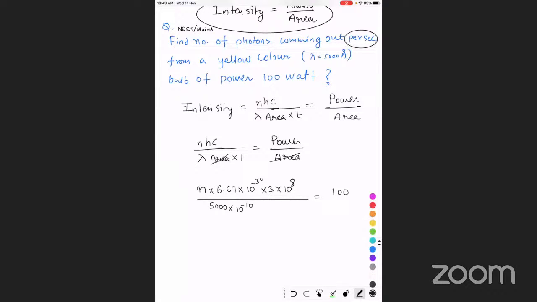Okay. Now answer my next easy question. Work function of a metal is 3.1 electron volt. Find threshold wavelength.